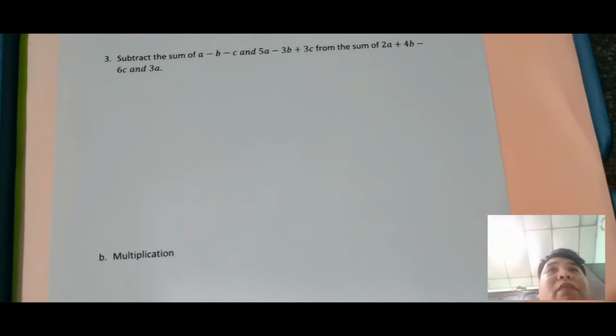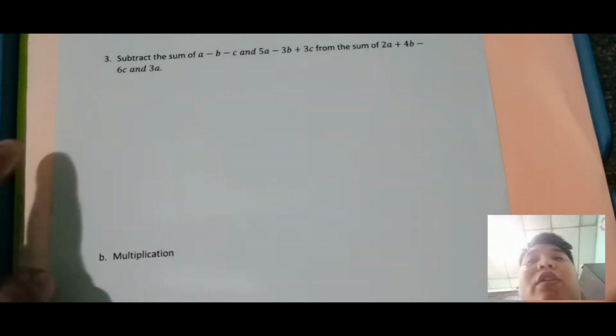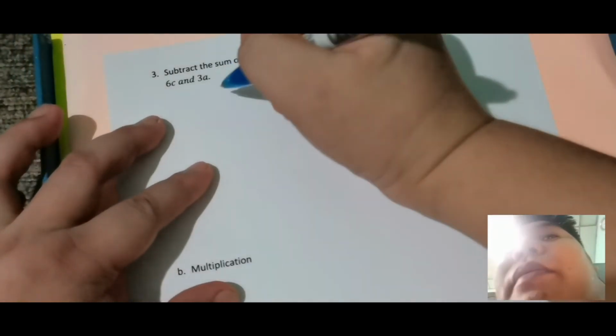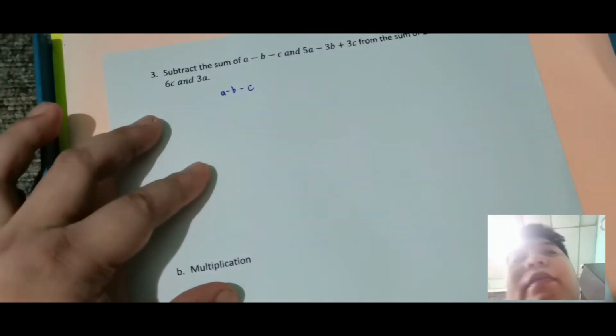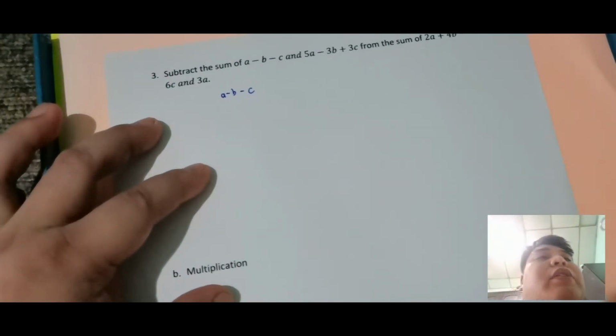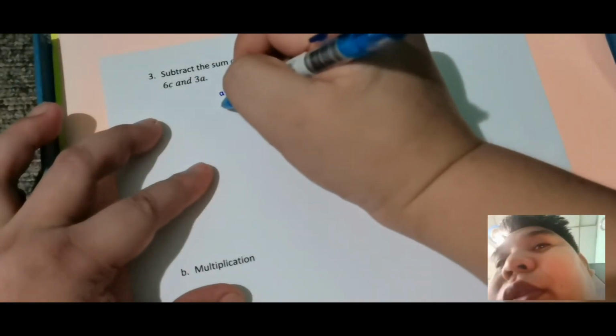Sir, paano pag ganyan? Huli mo syempre yung word na from. Meaning, huli mo yung pinaka main operation which is subtraction. Unahin ko muna yung sum. Ano ibig sabihin ng sum? That is addition. So, yung dalawang sum, unahin ko lang. Una si a minus b minus c. I-add daw natin kay 5a minus 3b plus 3c. So, vertical na lang.